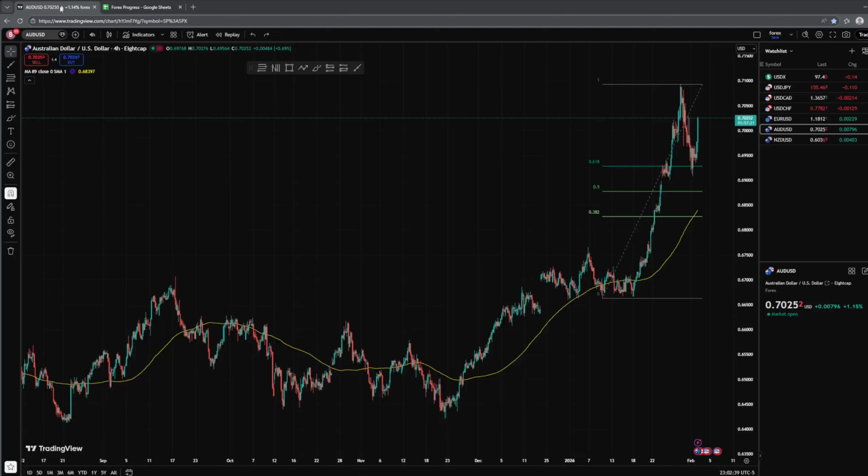Okay, New Zealand dollar USD. Again, a similar story. The overall trend is up. Market is consistently behaving above the yellow moving average line. The last directional leg seems too big, but that's okay. If the market retraces into the 50 to 60% zone here, it will be an amazing opportunity to buy New Zealand dollar USD.